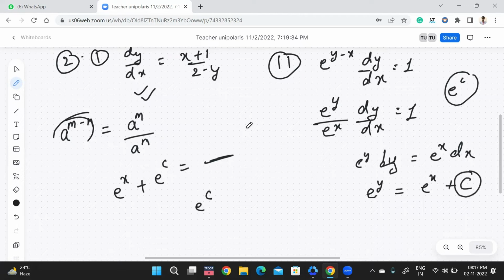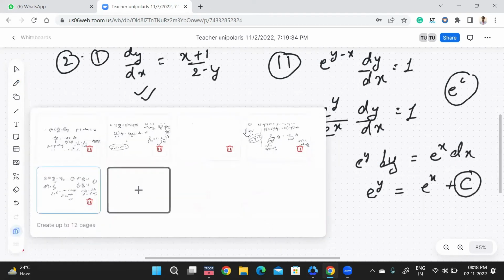If you write c as log d, another constant, then e raised to the power log d, the e and log cancel each other and you get d. But writing it as e raised to the power c won't benefit us at all. So that's why we are not writing it.